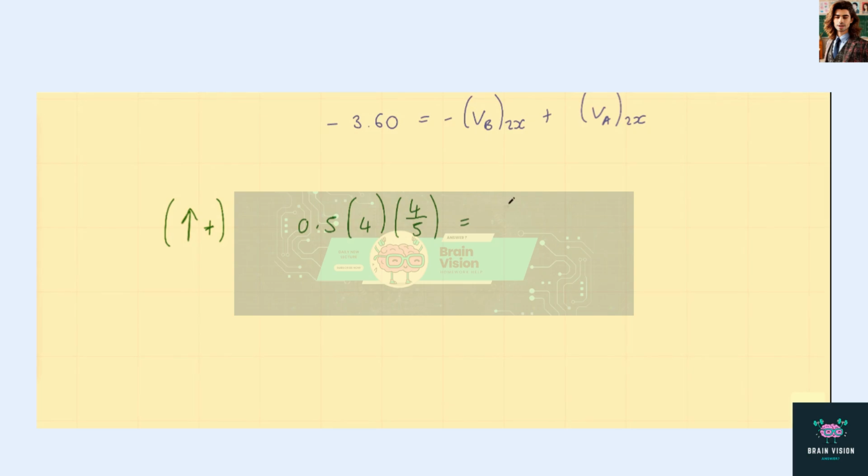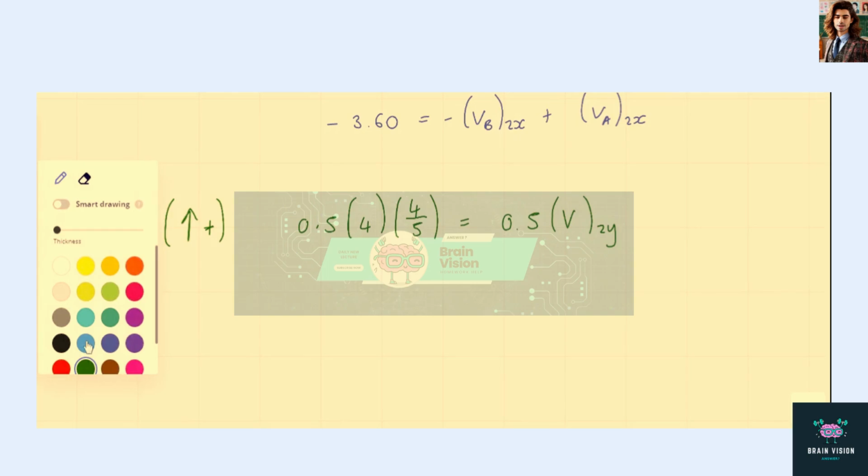And this must equal the final y component of disk B, 0.5 VB2y, since disk A moves only along the horizontal axis, along the x-axis.